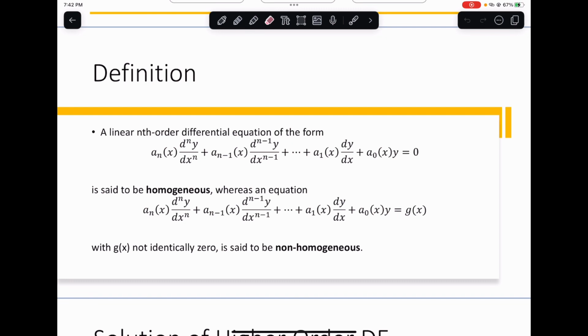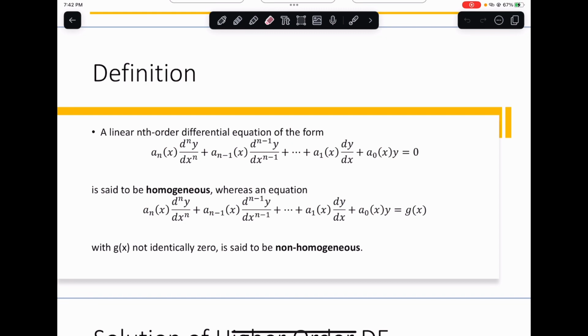However, if the same equation, this time, is equated to g of x, wherein g of x is not identically 0, then that is considered non-homogeneous.